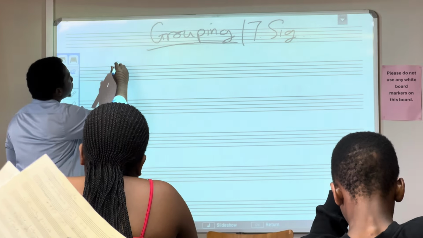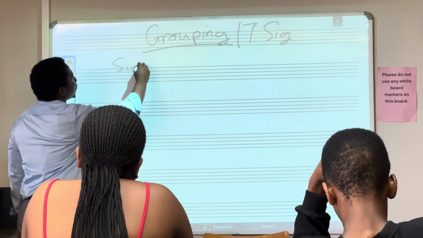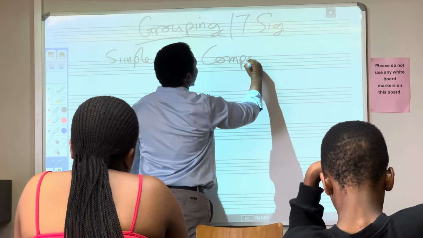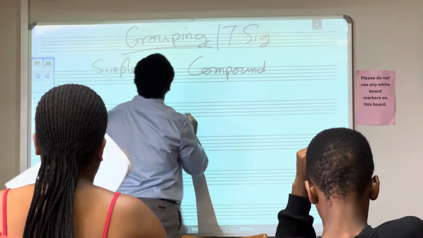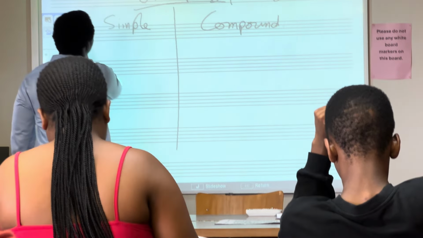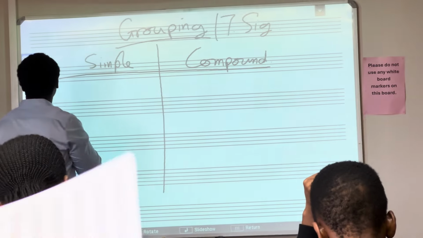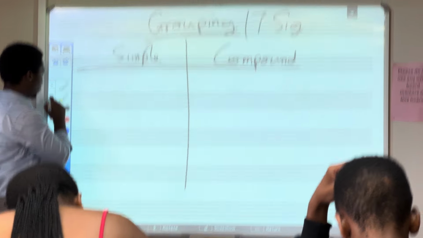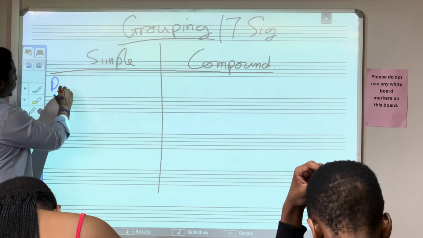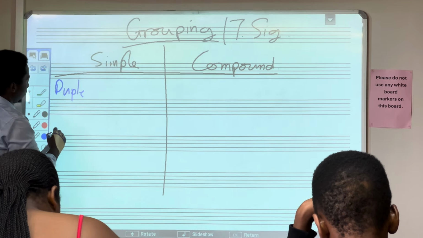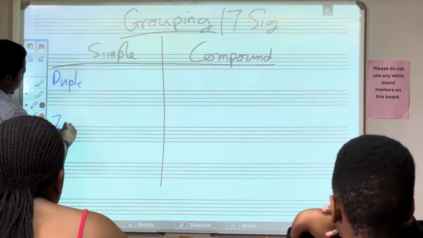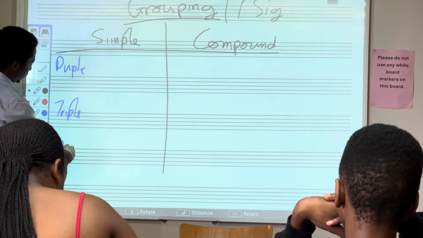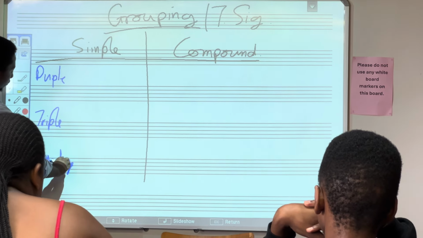You have two times. Simple. You have compound. Now within each one, you also have duple, triple, then you have quadruple.